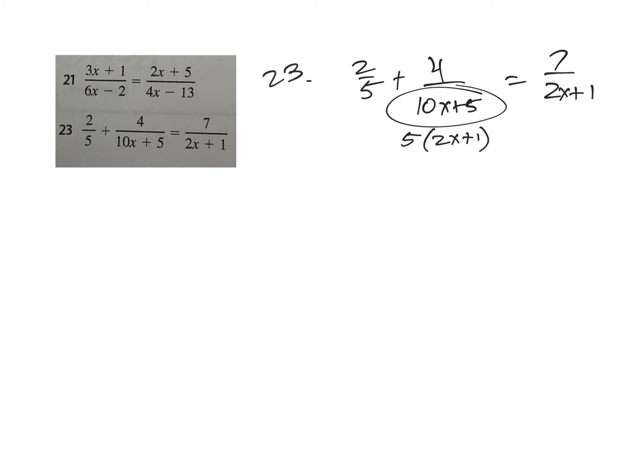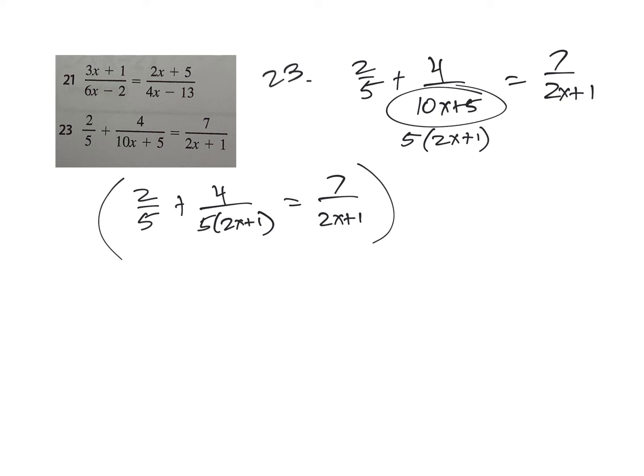So if that's our common denominator, and I multiply the whole thing by a common denominator, this whole thing, by 5 and 2x plus 1, that's the common denominator, all the denominators are going to go away, and what's left over?